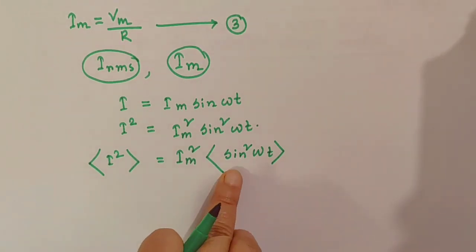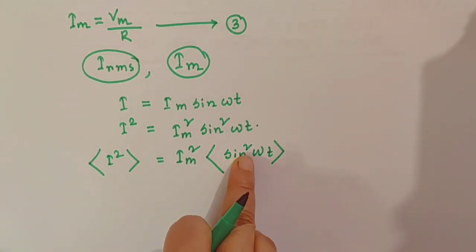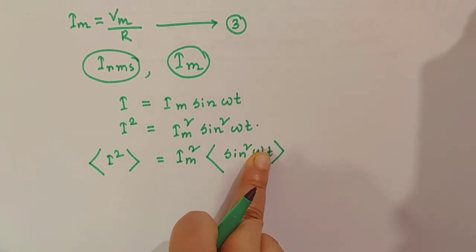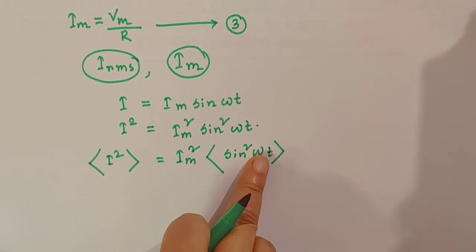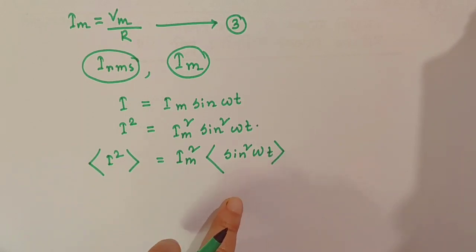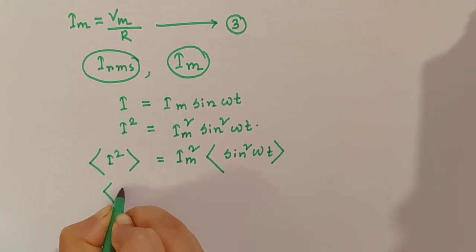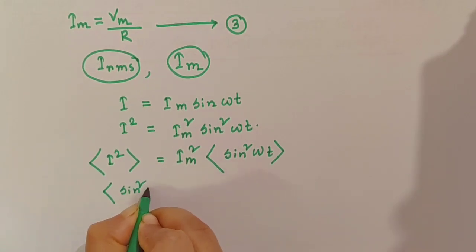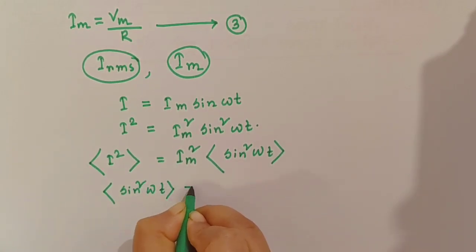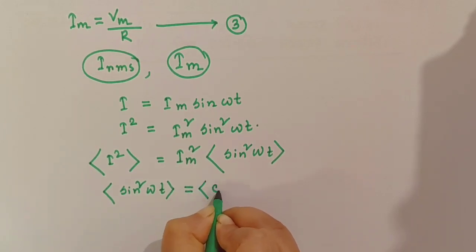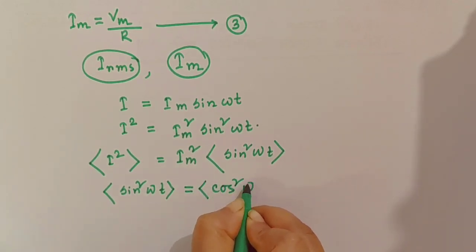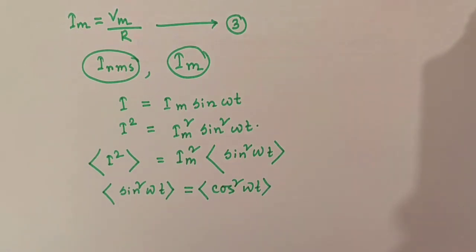Now to calculate the average value of sin square omega t, we know that the time average of sin square omega t is equal to the time average of cos square omega t when taken over any number of complete cycles. That is, the average value of sin square omega t is equal to the average value of cos square omega t.